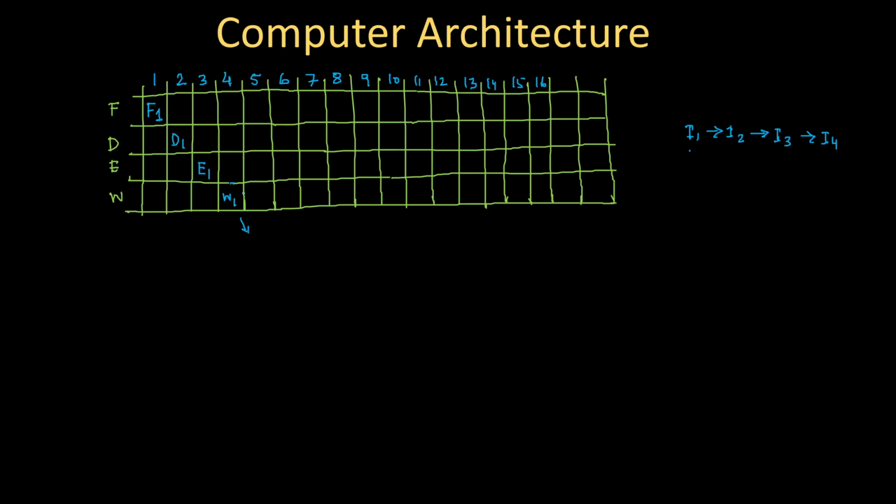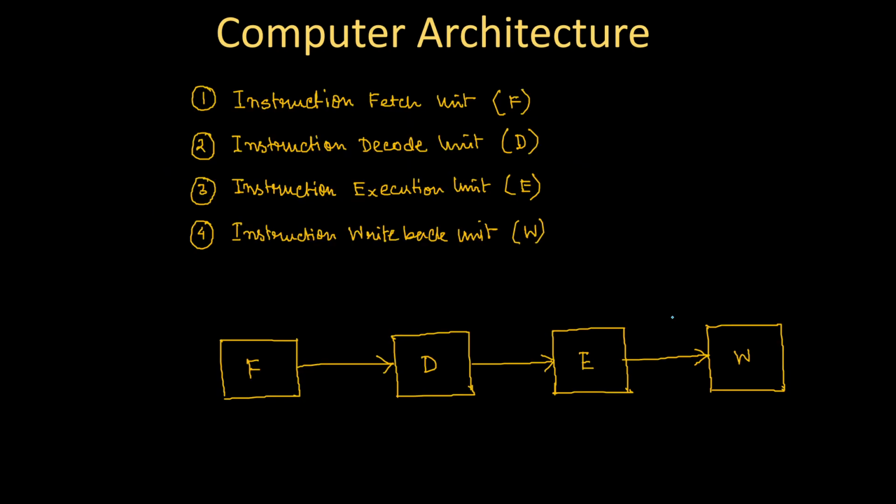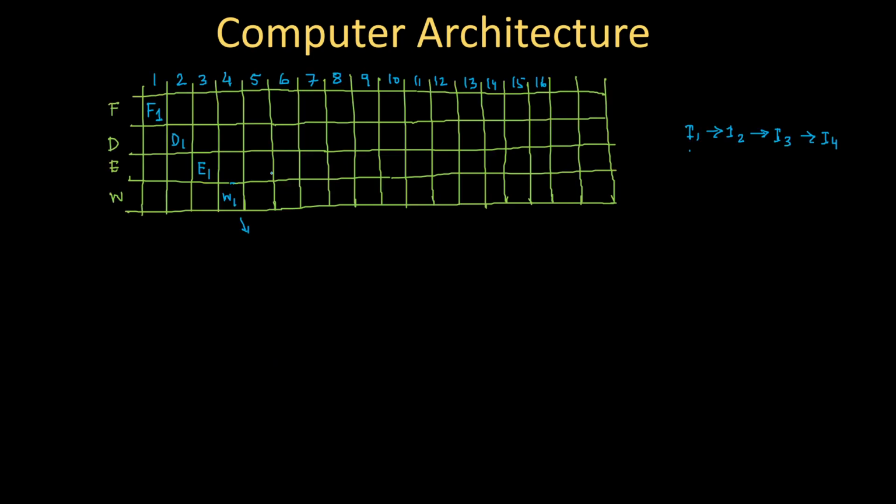Now, suppose after writing the result in the memory for the instruction 1, what will happen? As we have seen from this particular diagram, after writing the instruction 1, the fetching of instruction 2 will start. So that means from the 5th clock cycle, this F2 will start. Right.